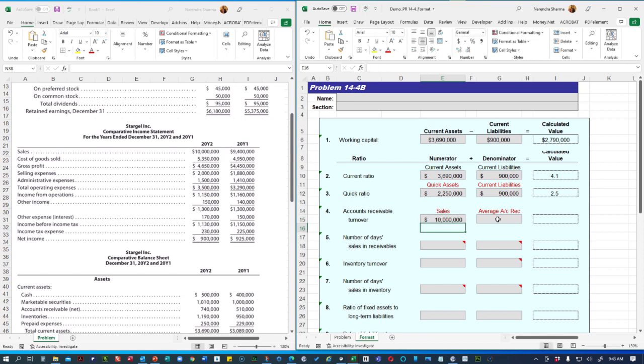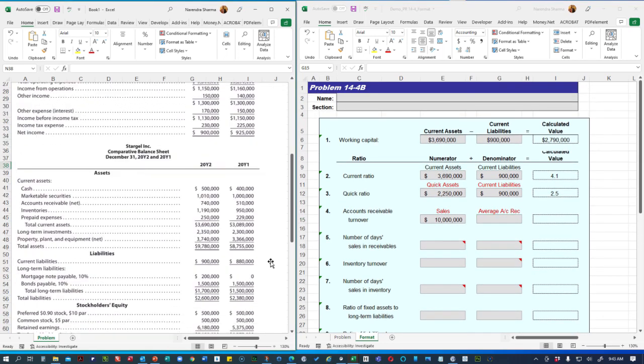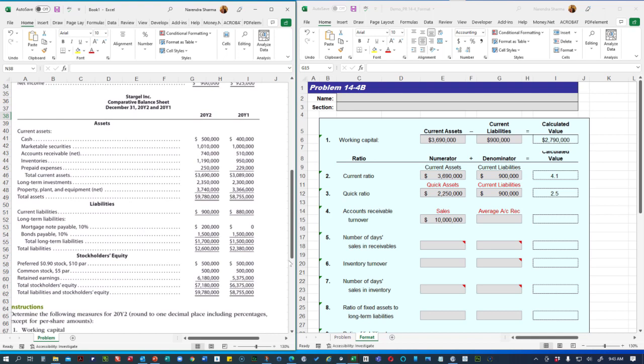Okay, that's the sales figure. And average accounts receivable, of course, we have to go back to the balance sheet and calculate the average. Now the average is going to be 740,000, your year 2 accounts receivable, plus 510,000.